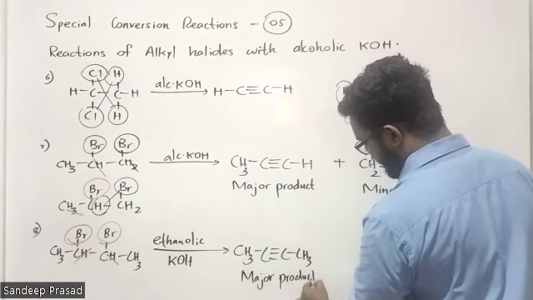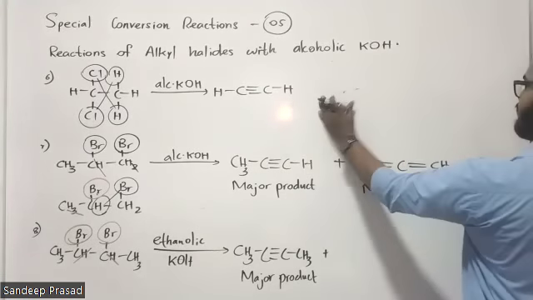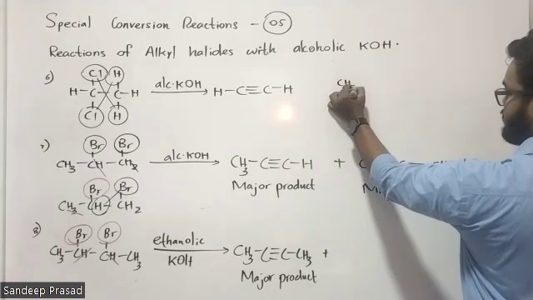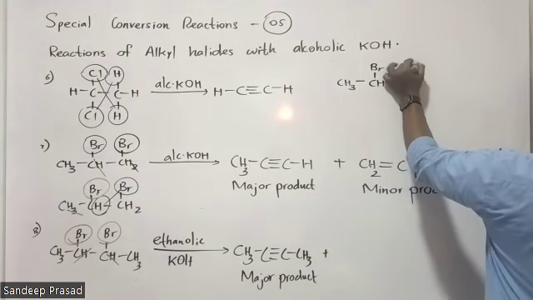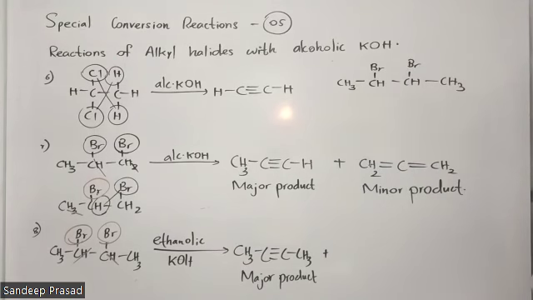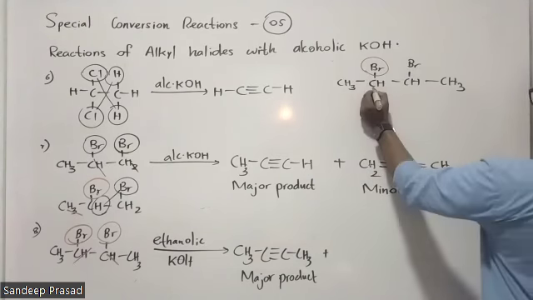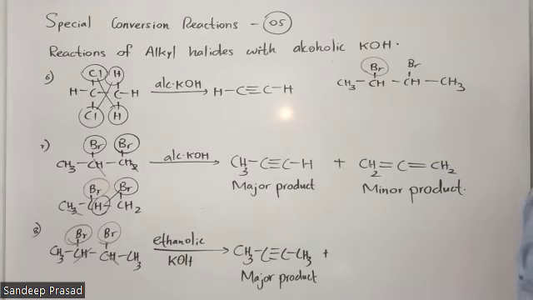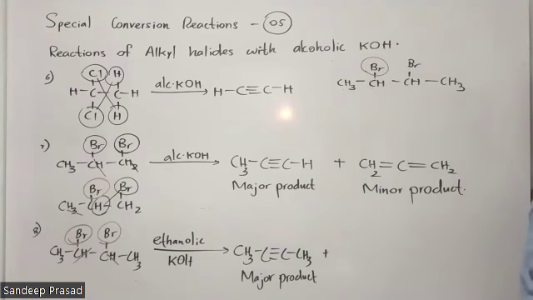I told you, students, that there are 2 minor products. So that is the challenge you have. Let me write down the compound here again. CH3, CHBr. Just imagine both the carbon atoms are violating the Zaitsev rule. That means, when bromine is eliminating with the hydrogen, that hydrogen should be chosen from the carbon atom connected to the poor number of hydrogens.